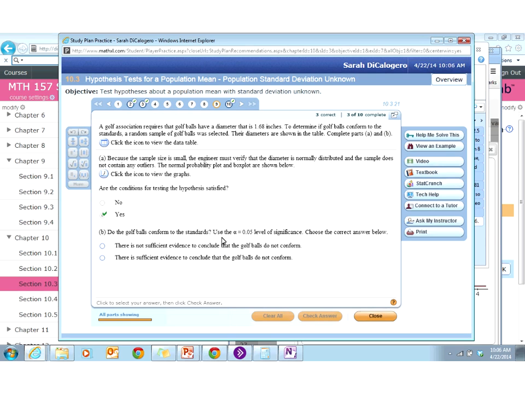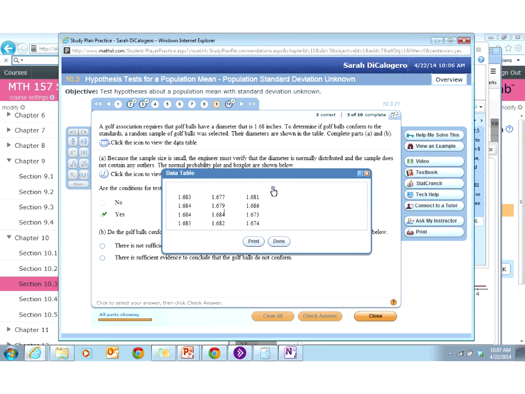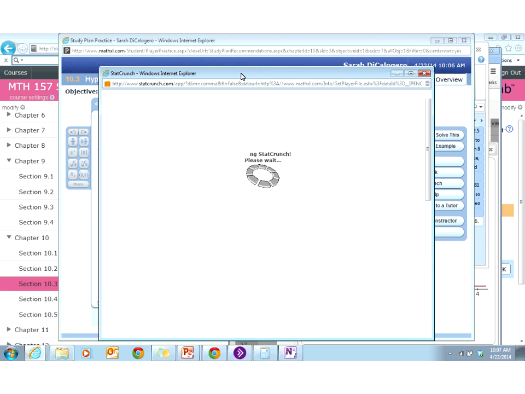Okay. So do the golf balls conform to the standards? Well, here again, this is a two-tailed test because it's just trying to make sure they're not too big or not too small. So you'd click to open the data, open it in StatCrunch.